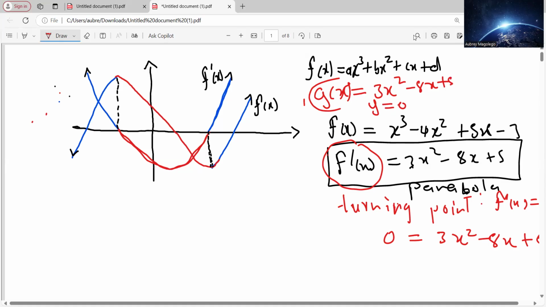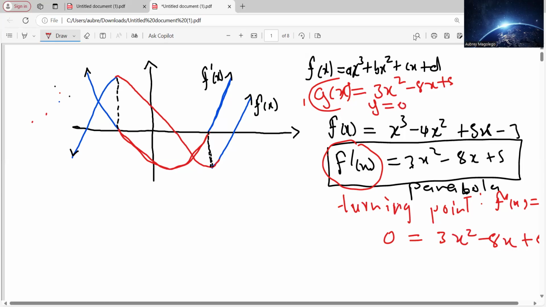So the parabola, which is the graph of the first derivative, shares x values with the turning points of the cubic. To get the x turning points of the cubic, you must derive the function and you get the parabola. After getting the parabola, you say at the turning point or stationary point, f prime of x must be equivalent to 0.